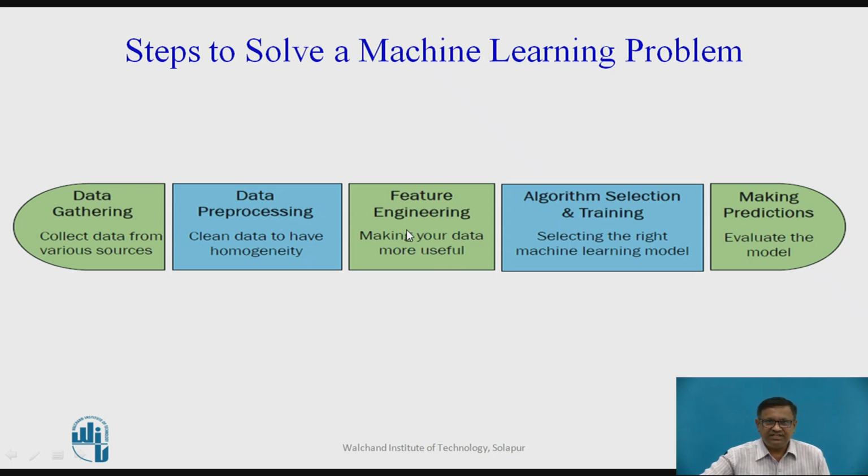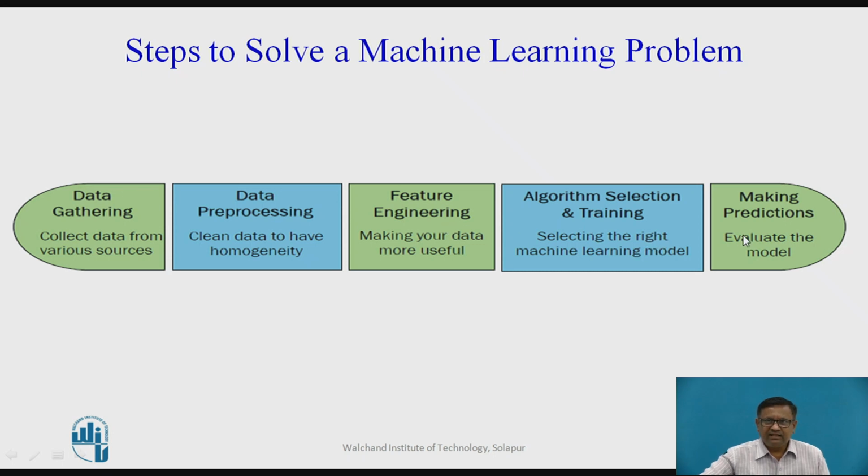These techniques you use to make your data more useful. So apply feature engineering to the data to make it more useful, and then give this clean, useful data to the algorithm for training, and select the right machine learning model and train the model using this data.